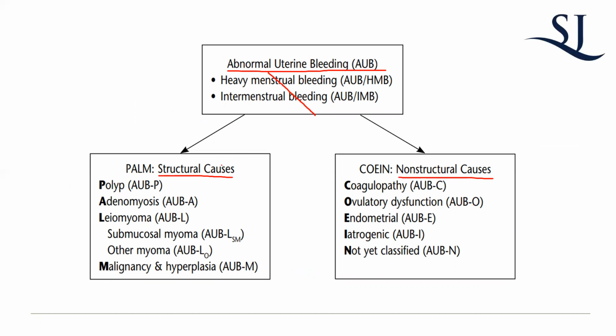When we say structural causes, this is in the context of the uterus, or the uterine corpus, I should say, the structure of the uterus itself. Non-structural causes, this is primarily where you get your ovulatory dysfunction.